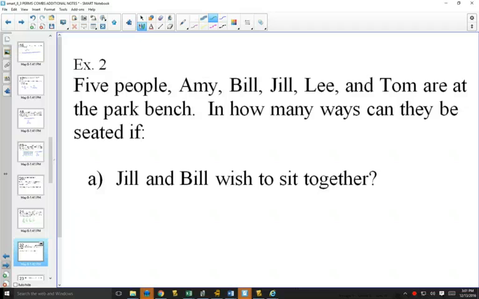Now, when you're thinking about this, some people like to think of it as they're glued together and you think of them as a single person. In this case, you would have 4 people because there's Amy, there's Lee, there's Tom, and there's the Jill Bill that are always together.